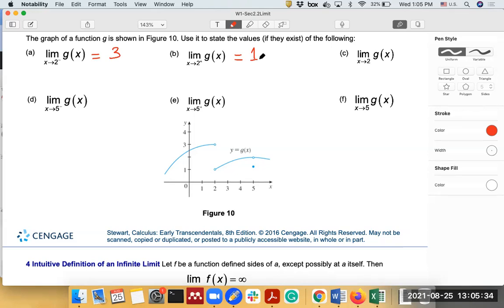Any question? Yes. So now, since x approaches the right side of 2, it means that x is going this way, right? And this blue curve is the curve of g of x here. Then what we do is we imagine.